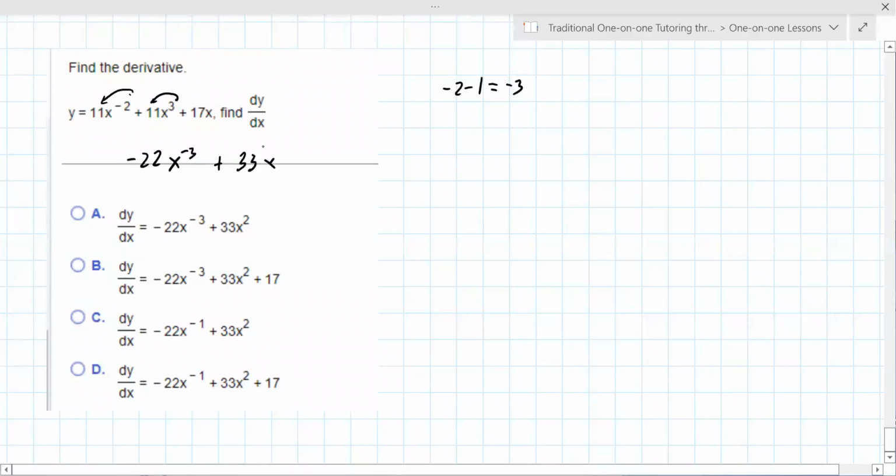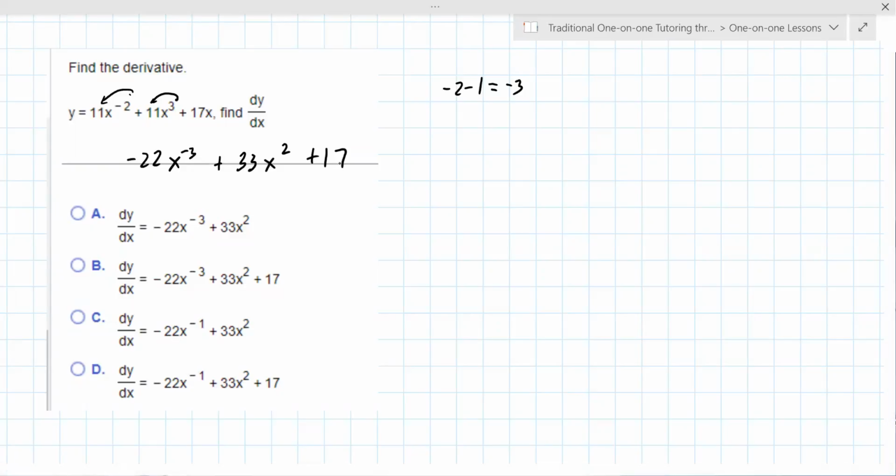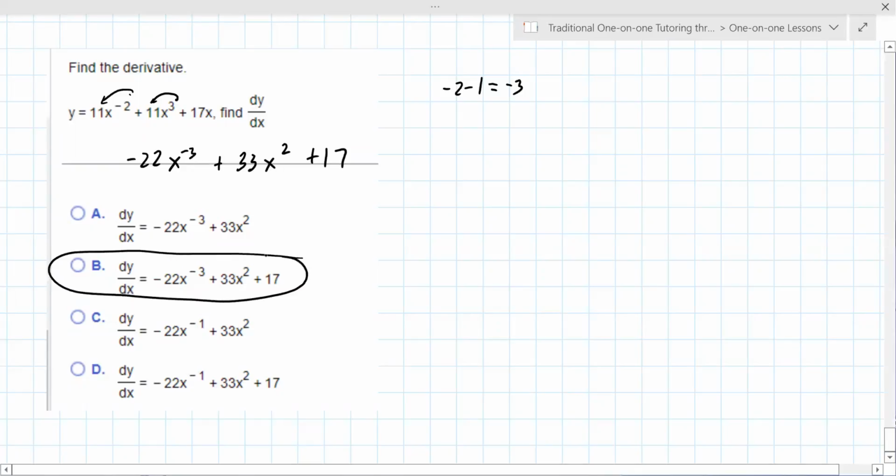So that's 33x. 3 minus 1 is 2. And then the derivative of a constant times a variable is just the number. So it looks like, what do we got here? Looks like letter B. Cool.